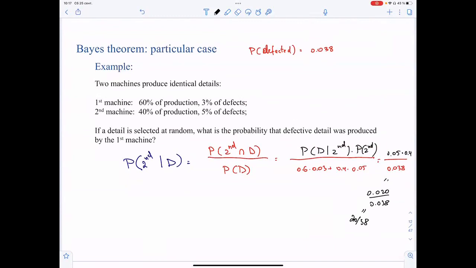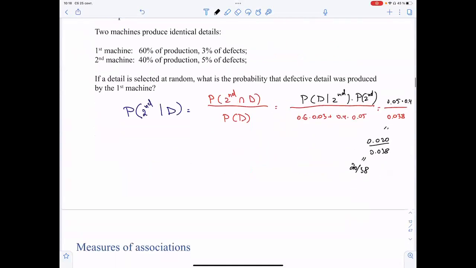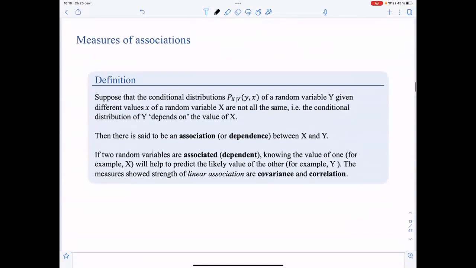So there is some association between the machine and the quality of details produced by it. And look, you may have two random variables. In my case, that's the number of the machine that was producing my detail and the number of defected details.